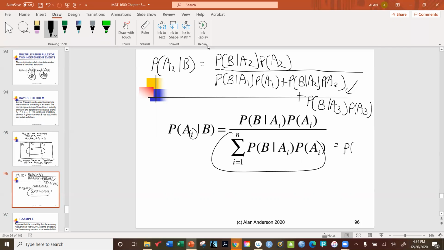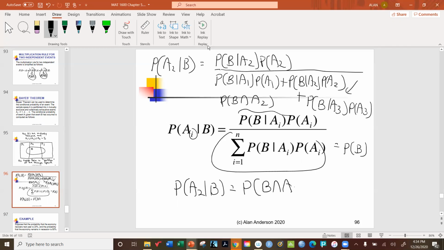This is simply the probability of B. This is simply equal to the probability of B and A1, A2 in our case. So you can see there's nothing mysterious here. We already knew this. But what's different now is that we're actually obtaining these 2 probabilities with our conditional probabilities.